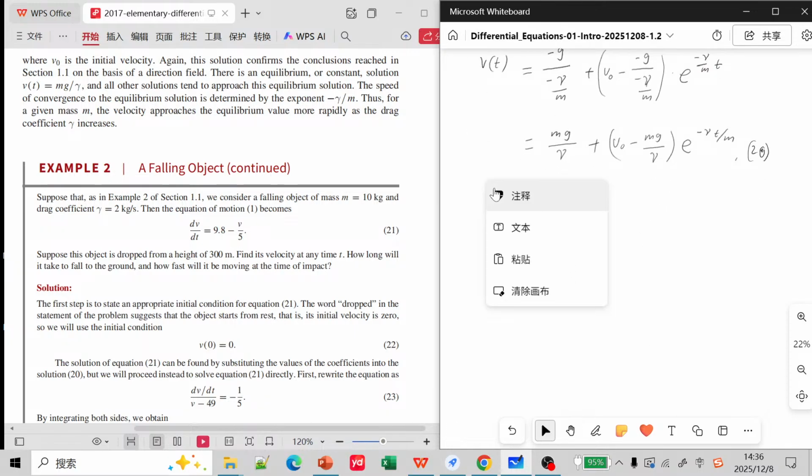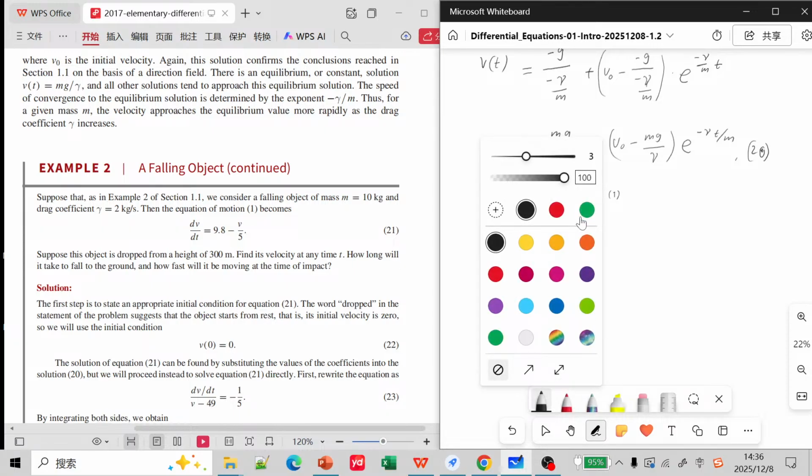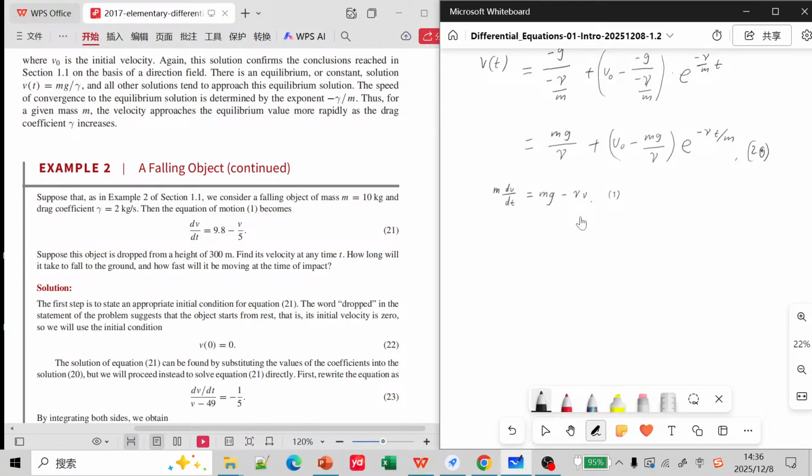Let me put it here. This is the motion 1 equation. Then the equation of motion 1 becomes, let me write it down firstly, this.